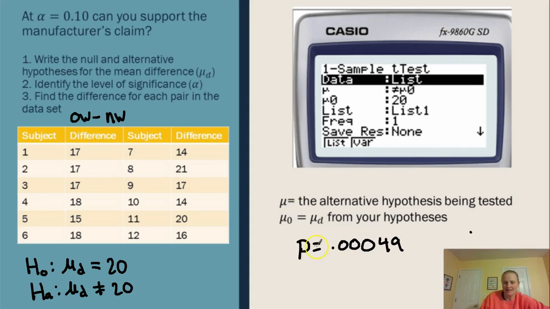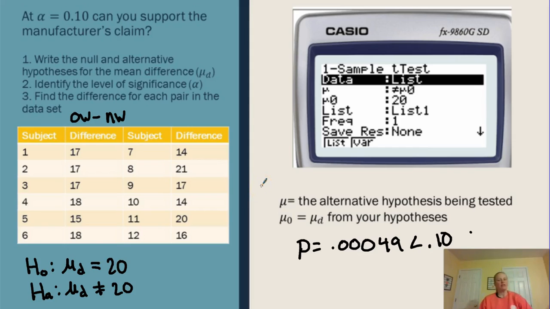My alpha was 0.10. This is less than 0.10, so I would reject the null hypothesis. And that would mean that the average weight loss was not 20 pounds.